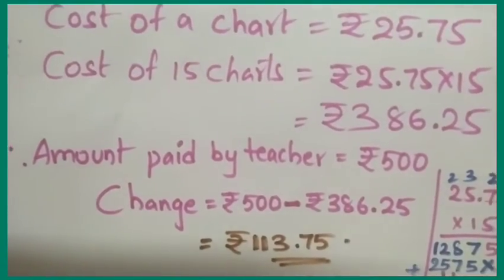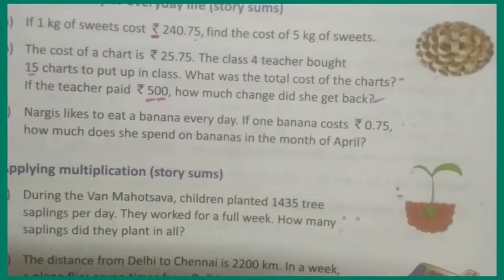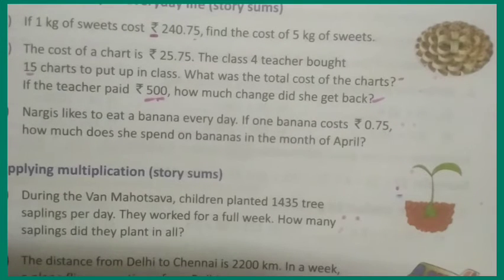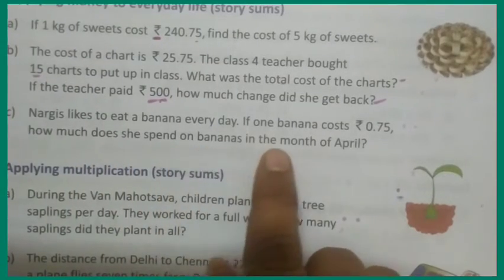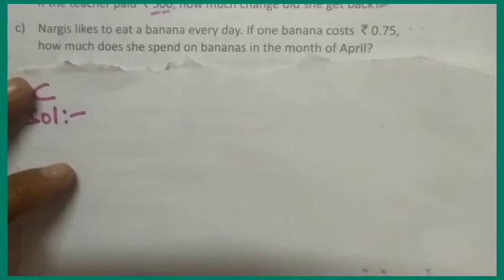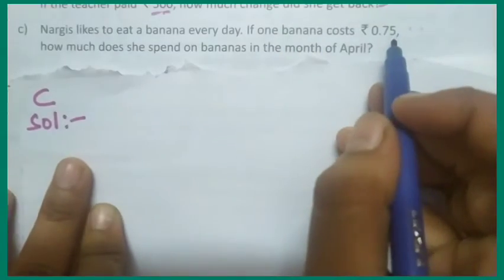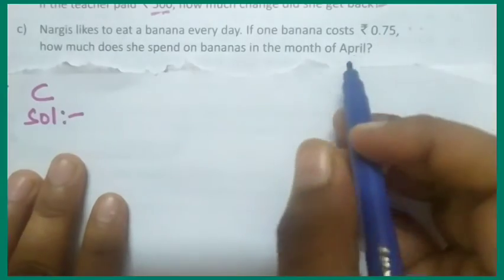Okay. Now look at C question. Nargis likes to eat a banana every day. Okay, if one banana costs 75 paise, how much does she spend on bananas in the month of April?